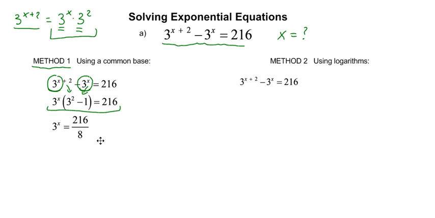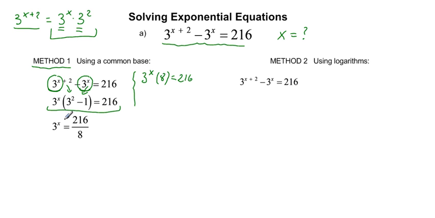So 3 to the power of 2 is 9 minus 1, so this is pretty much 8. So this is why you see this as 3 to x times 8 is equal to 216.